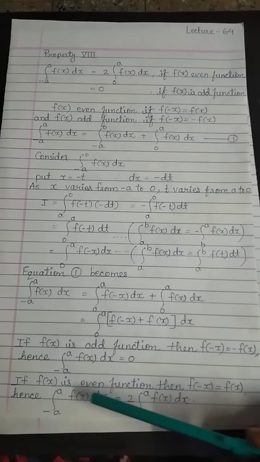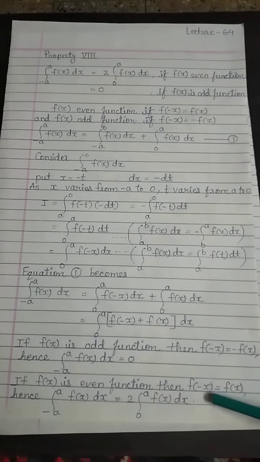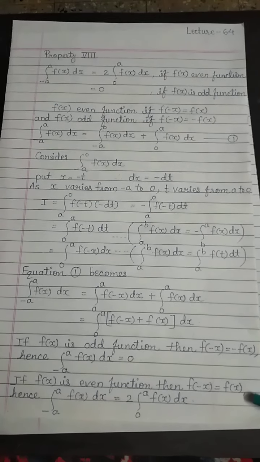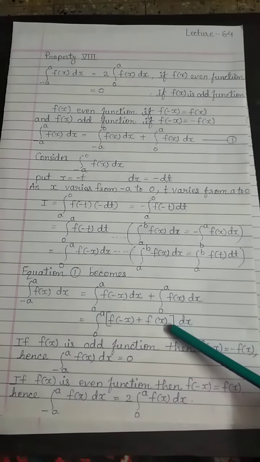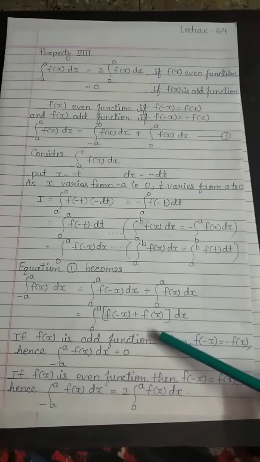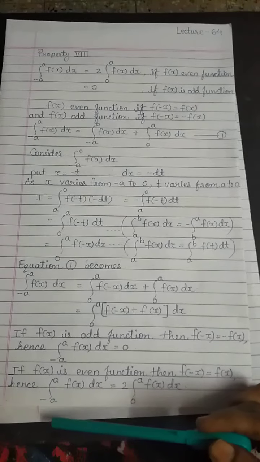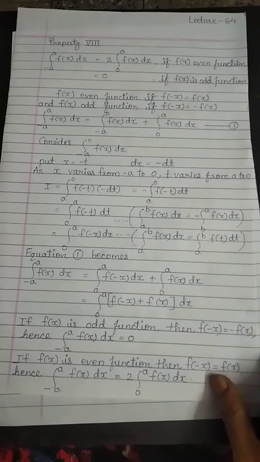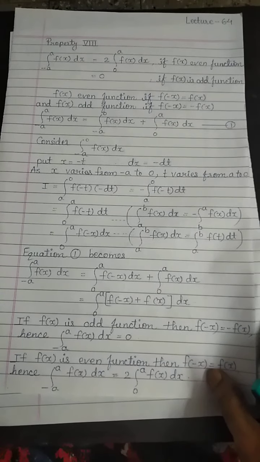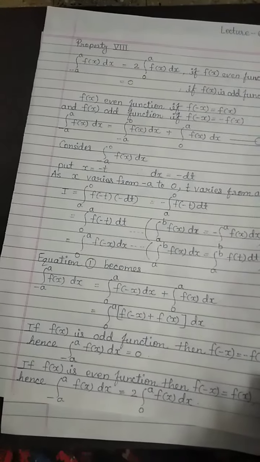And if f of x is even function, then f of minus x is equal to f of x, and therefore we will get here f of x plus f of x. That means 2 times integration of f of x, and hence we have integration from minus a to a of f of x dx is equal to 2 times integration from 0 to a of f of x dx.